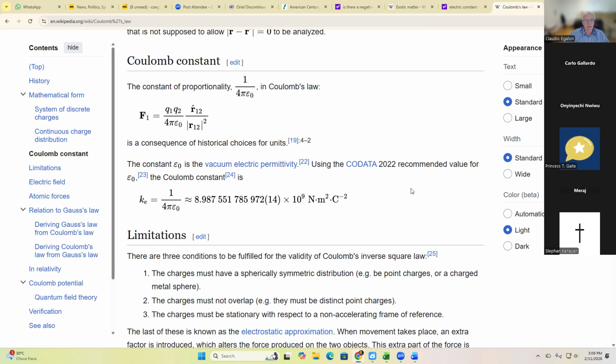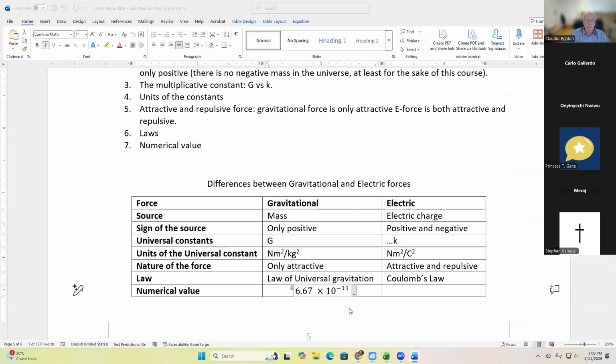Very small difference if you just say 9 times 10 to the 9. I'm going to put it approximately 9 times 10 to the positive. I'm going to emphasize the positive number. Do you see that this numerical value is much larger than this one here? Here it's 10 to the minus 11, and this is 10 to the 9.